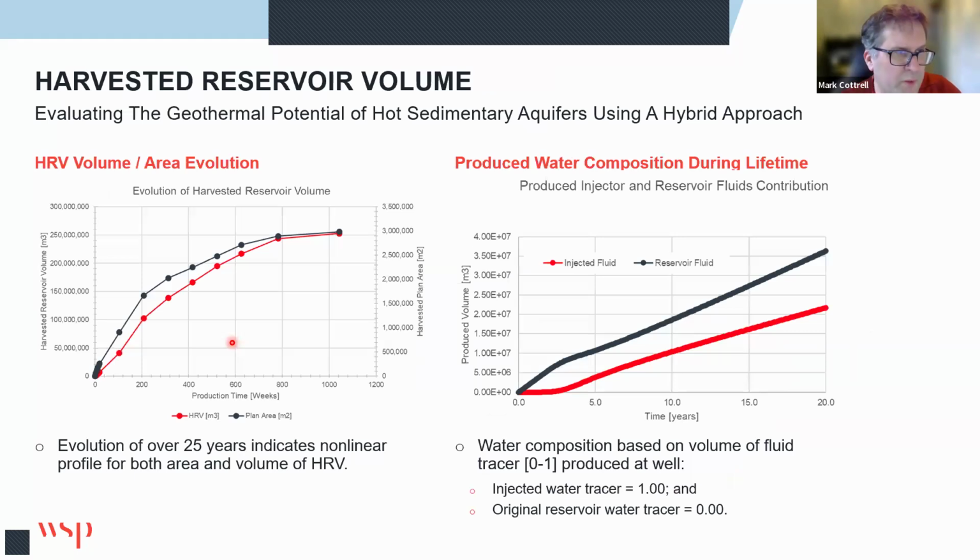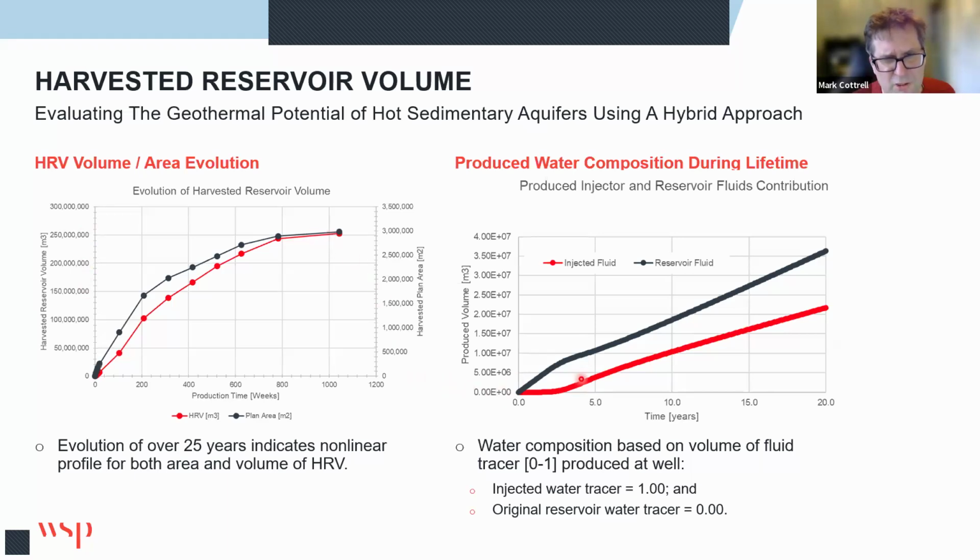If we quantify those things, we can start to say, what is the permissible lifespan of this geothermal system? So when we look at time on the x-axis and the harvested volume that we saw on the previous slide, and how that evolves, we can start saying that after so many weeks, months, or years, this is when things are going to start to change.